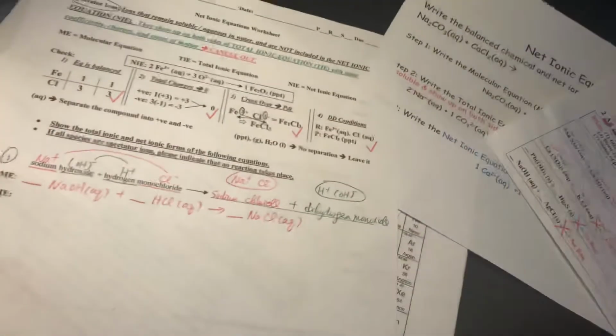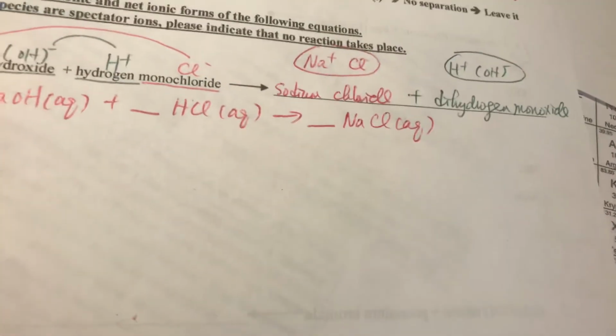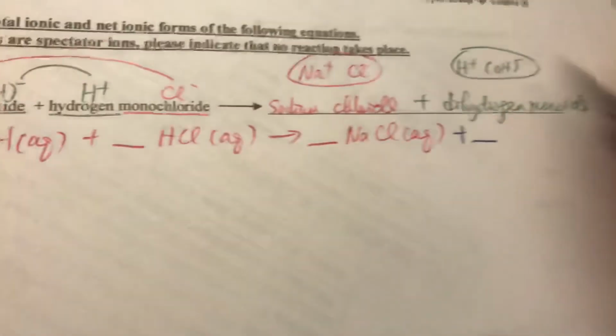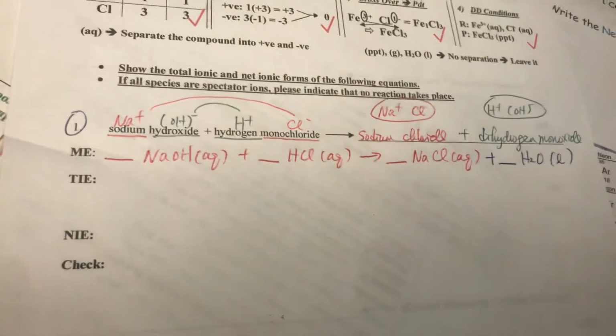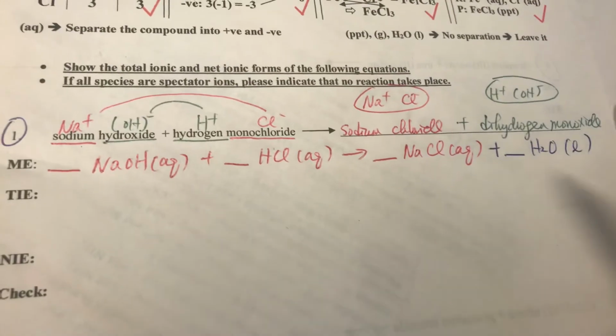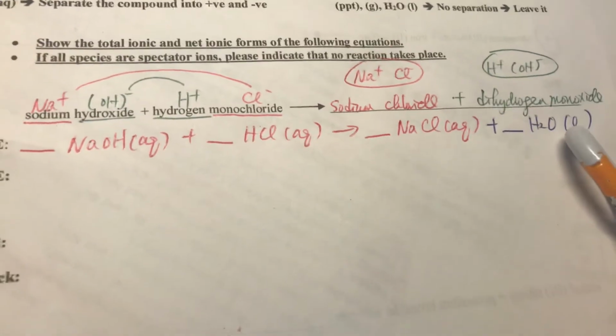So since this is water in liquid, I'm going to use blue pen for anything insoluble. So plus arrow, and they form H2O, and it's liquid.